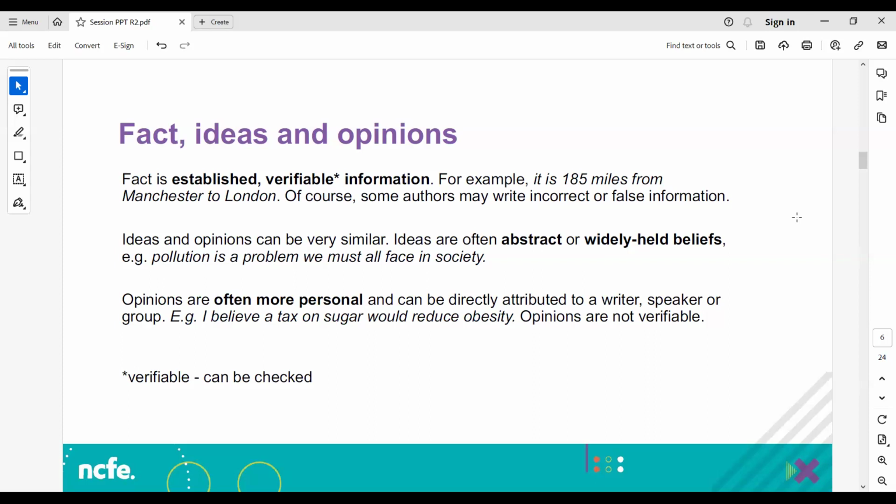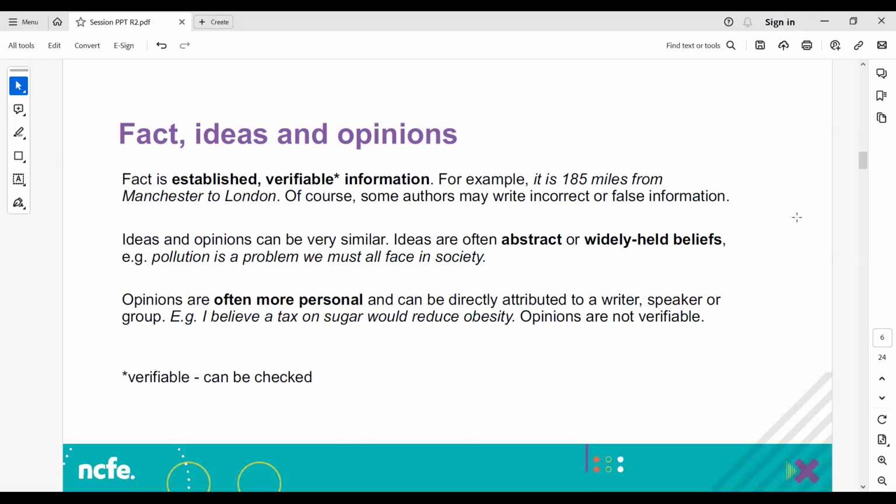So it's something we can go and check to find out whether it's true. Obviously, an author might write incorrect or false information and present that as fact. But when it is a fact, you will be able to find out that it is true.